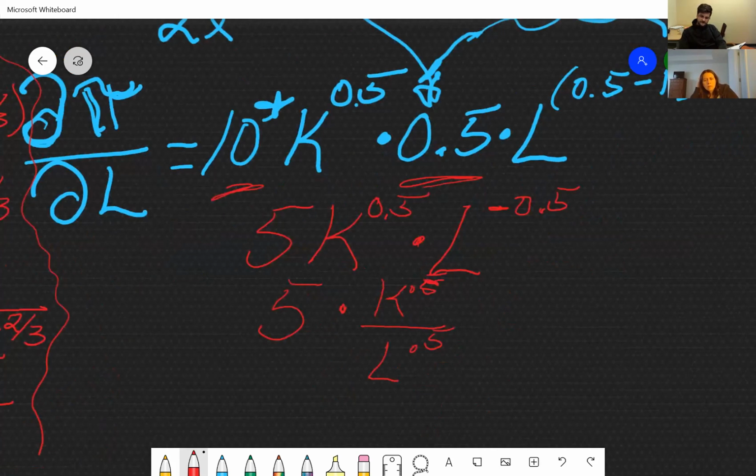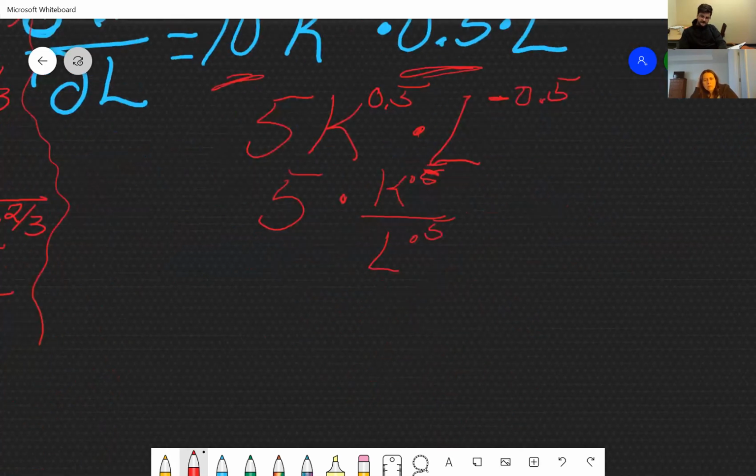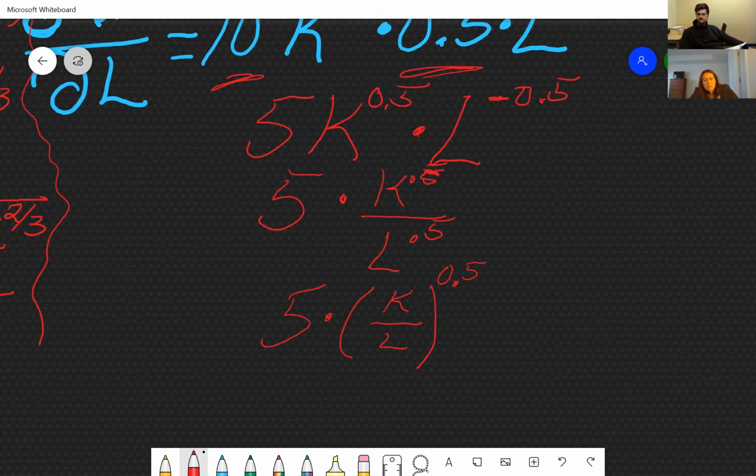And if we want to, which you might see, just for completeness, you can put both the K and the L in parentheses, and then they're both to the 0.5. Just weird algebra rules that we never use.